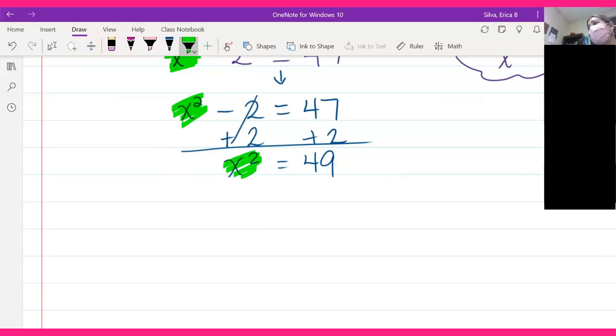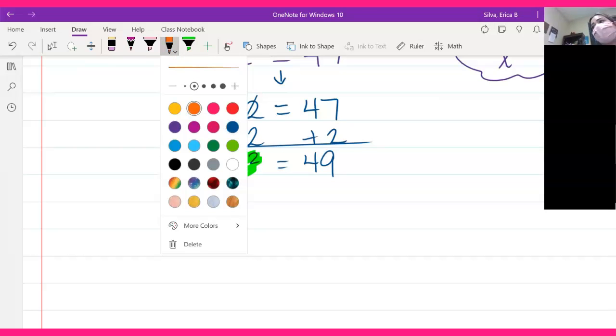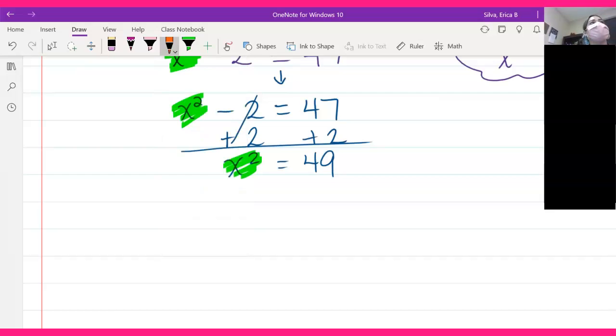And now that we have our x squared isolated, how can we get rid of that squared? Perfect, we want to do the square root. And then on the right side, remember we want to put plus or minus the square root of that other number.